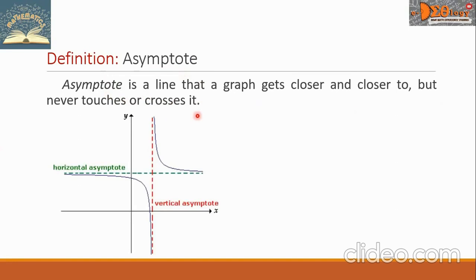Here we have a figure, and we have this graph. This red dotted line is what we call the vertical asymptote, while the green dotted line is the horizontal asymptote.